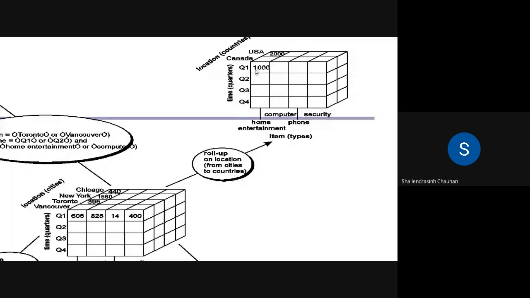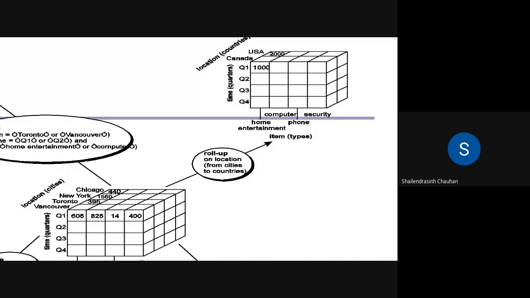Fine. So when is it useful? When I want the analysis country wise. Let us say there are many companies doing business in multiple countries, like Range Rover, which is selling cars in multiple countries.